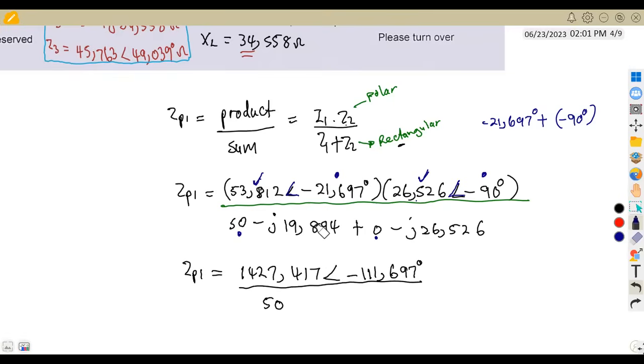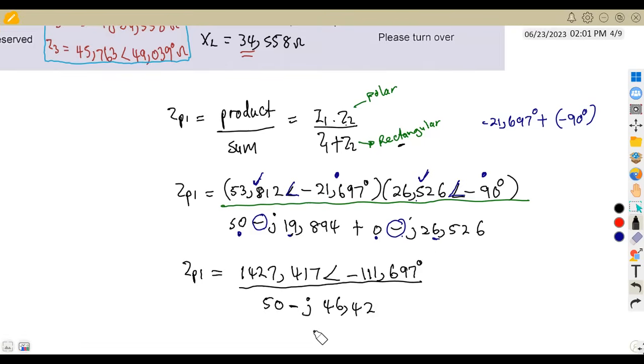Then we combine the imaginary parts: minus J19.894 minus this part, so we obtain a minus J46.42. All right, 46.42. So that's negative 19.894 minus 26.526.